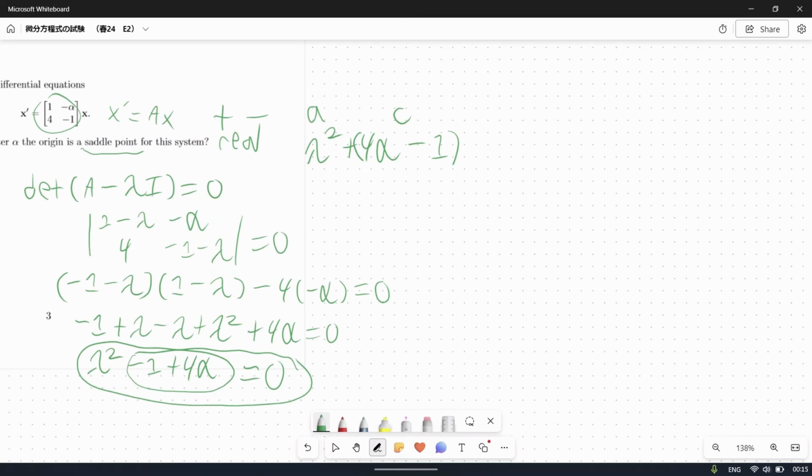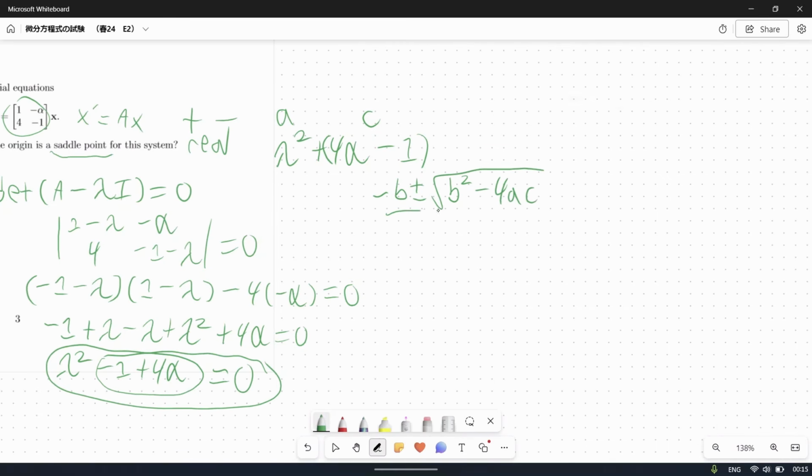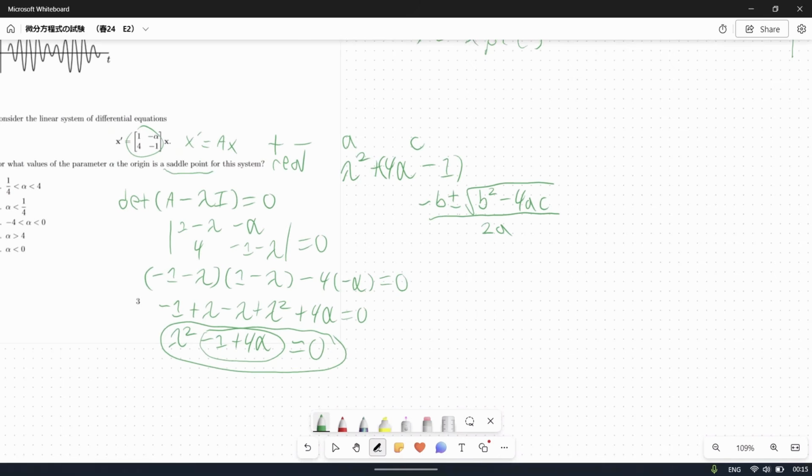And recall that the quadratic formula is negative b plus minus the square root of b squared minus 4ac over 2a. So then when we plug everything in, you end up with 0 plus or minus 0 again minus 4 times 1 times 4 alpha minus 1 over square roots over 2.